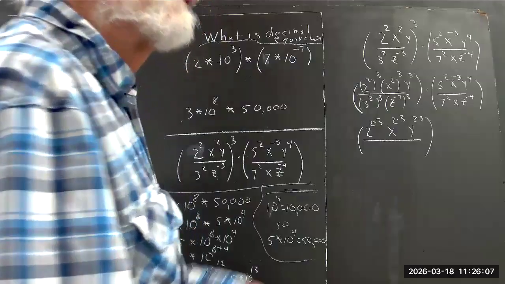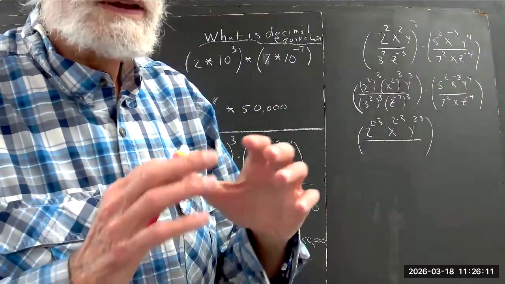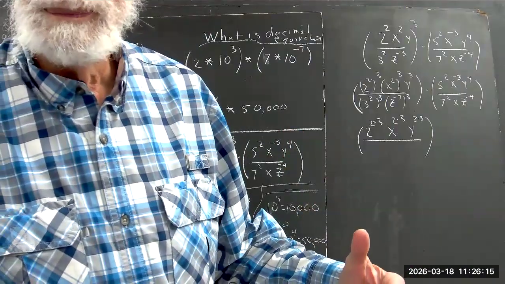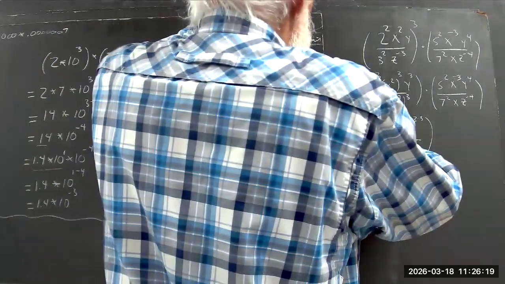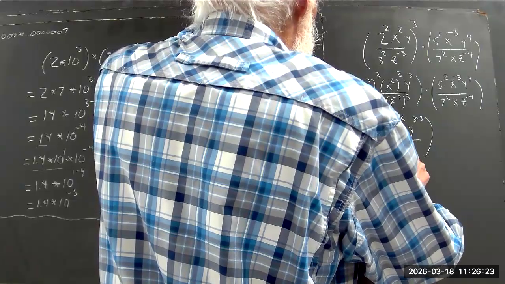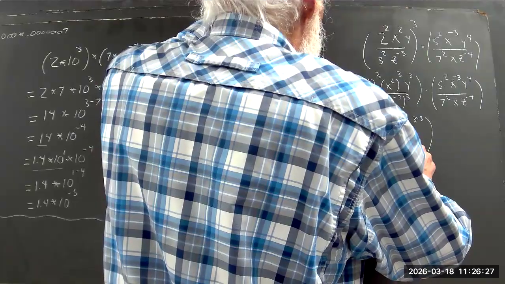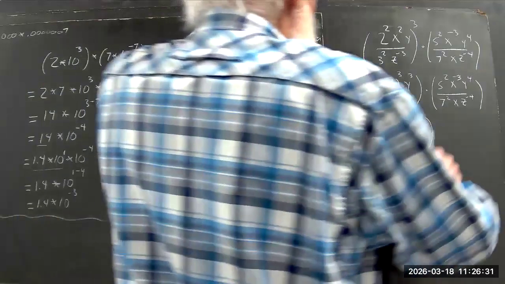And I do recommend that you write out the reasons. You can write these out, at least a few of them, in all their gory detail like we did last time, okay? But here's what it comes down to. Now 3 squared cubed is 3 to the 2 times 3, and z to the negative 3 cubed is z to the negative 3 times 3.